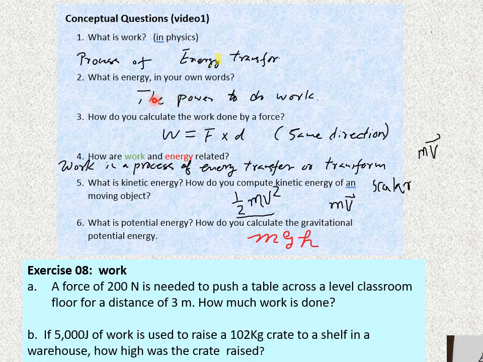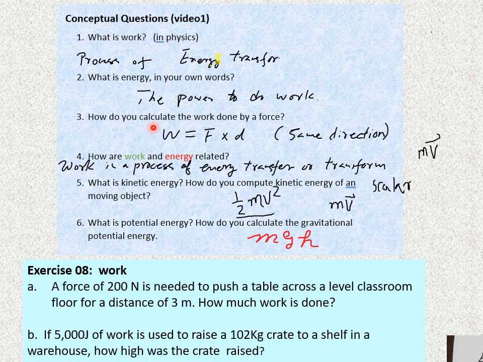So energy is the power to do work. In the dictionary, energy in the science sense is the ability to do work, so energy and work have the same units. Work is energy transfer.